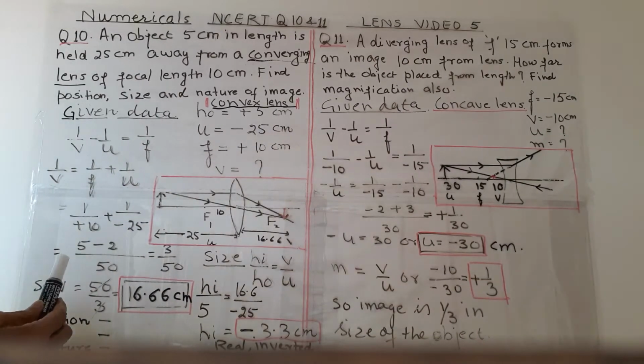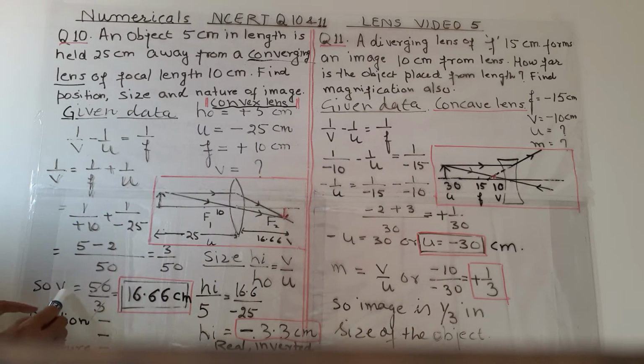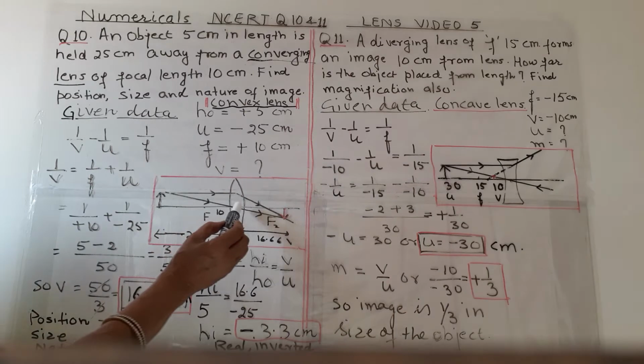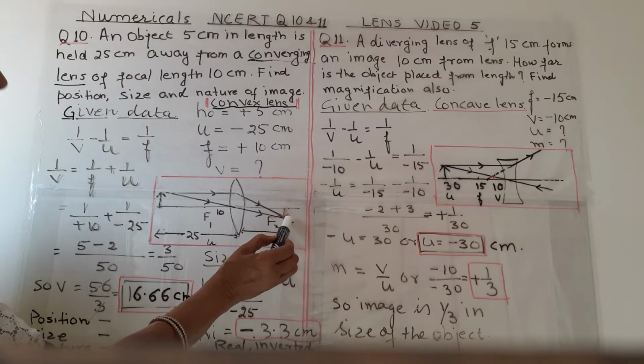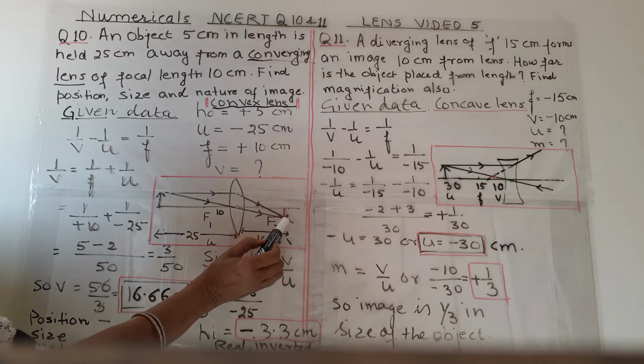We will flip it, and now 1 by V is 3 by 50. So V will be 50 by 3, which is equal to 16.66 centimeters. So in this way, now we know V, which is the distance of image from the optical center. This red color is image.